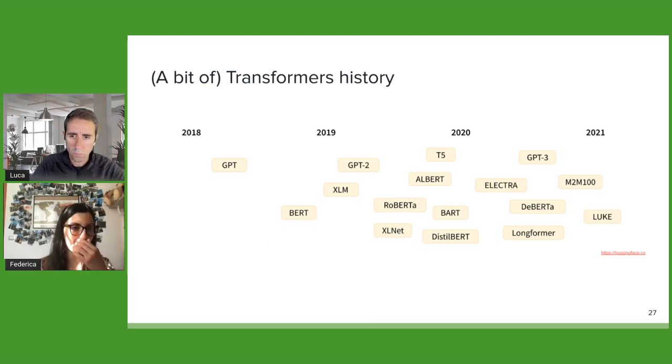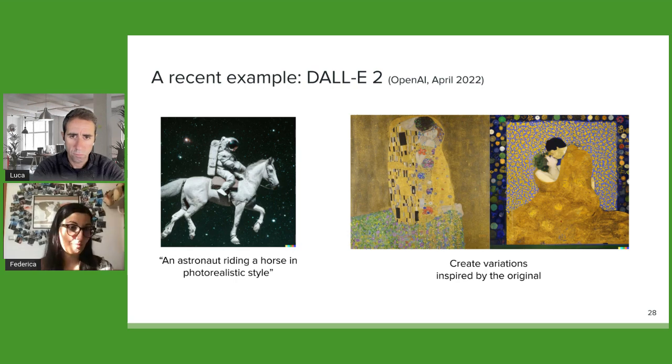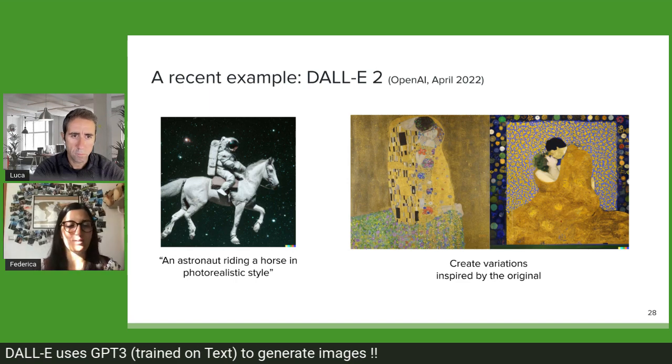And an interesting thing that maybe all of us have heard of is DALL-E, which uses GPT-3 that was pre-trained on text and was modified to produce images. What DALL-E does is take as input a caption, a sentence, a description, and it is able to generate images from scratch, images that are realistic and seem produced by humans.